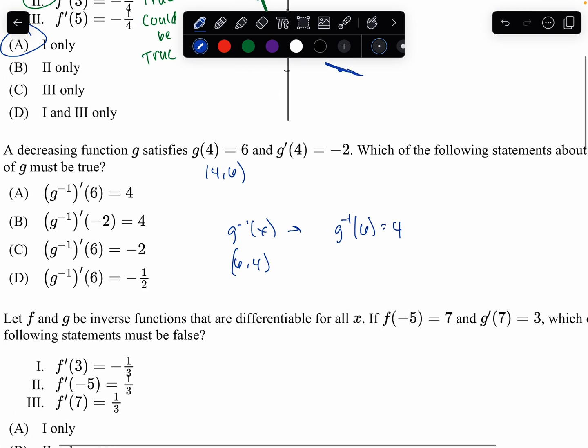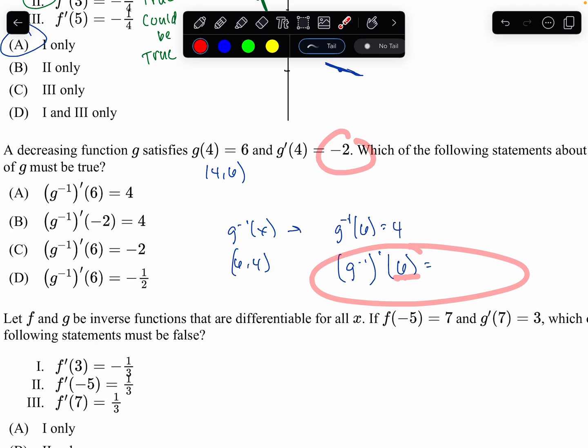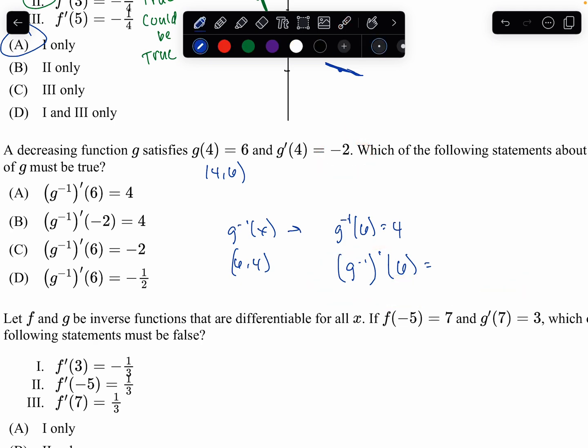Now, what would have to be the derivative at 6 of the inverse? Well, I know that the derivative at x equals 4 of g is equal to -2, so the derivative at x equals 6 has to be equal to the reciprocal of that, so this would have to be equal to -1/2.